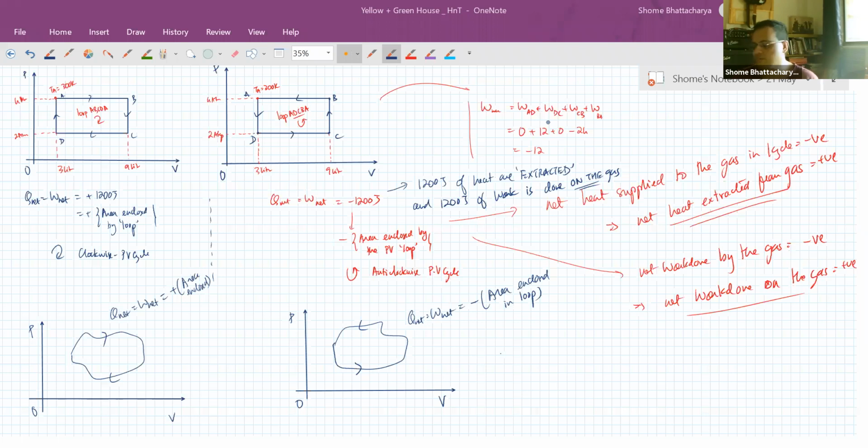In first law of thermodynamics, what is Q? It is heat supplied to the gas. So if Q is negative, then that means actually that much heat is being absorbed from the gas or extracted from the gas. Similarly, if W is negative, it means work is being done on the gas instead of work done by the gas. Is it clear now? Yes, sir.